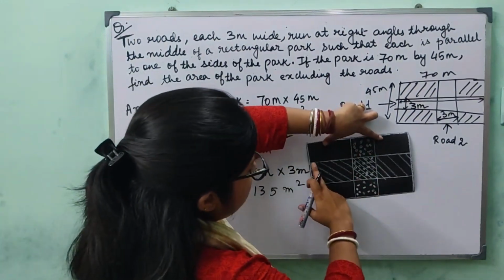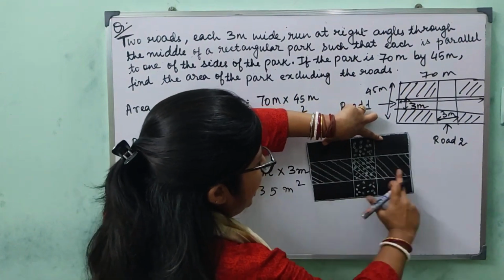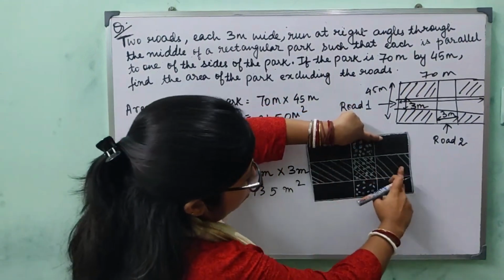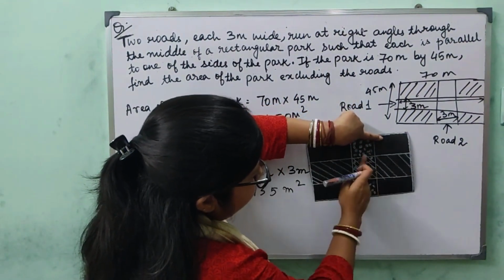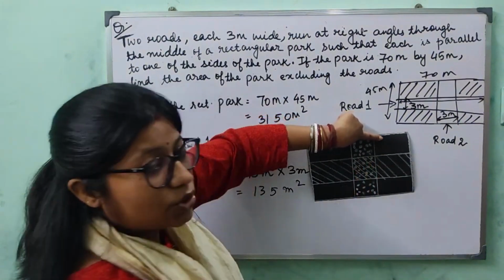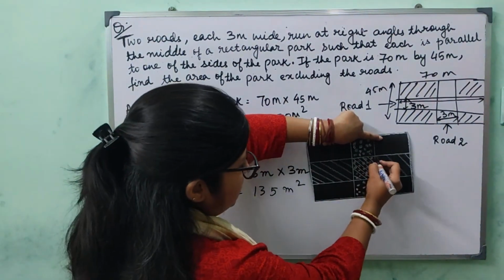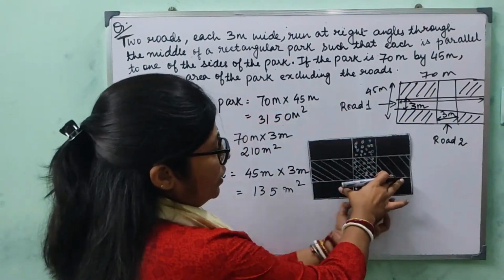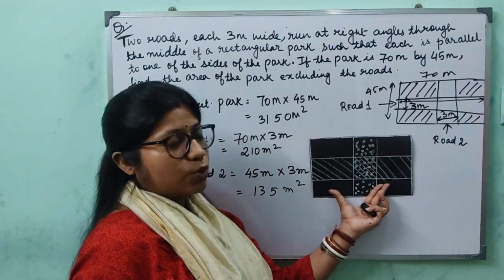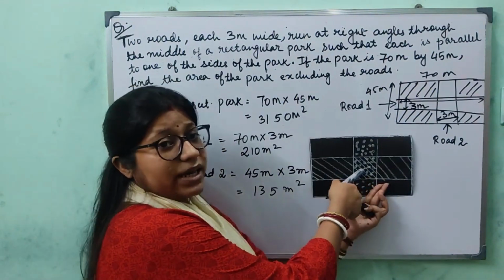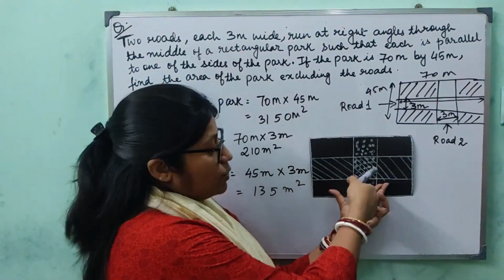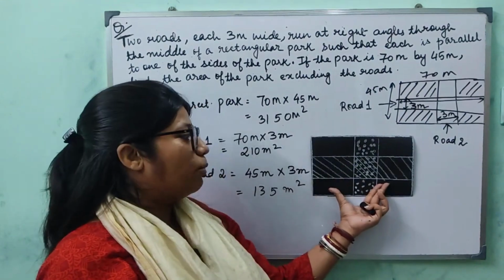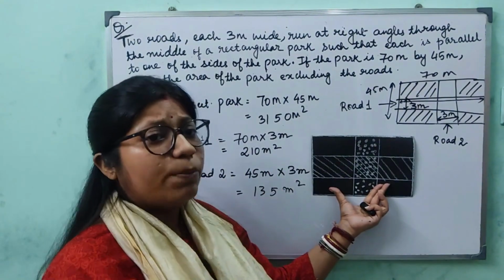Road 1 and road 2 have this interior portion common to both. You can see the figure itself is telling you there are stripes as well as dots. That means that portion is common to both the roads.